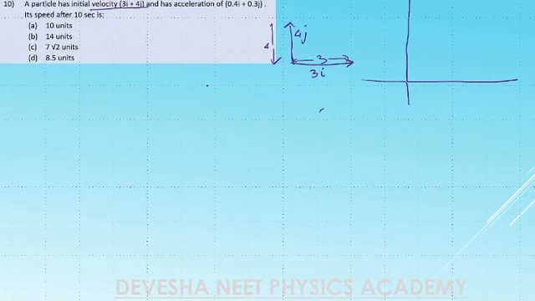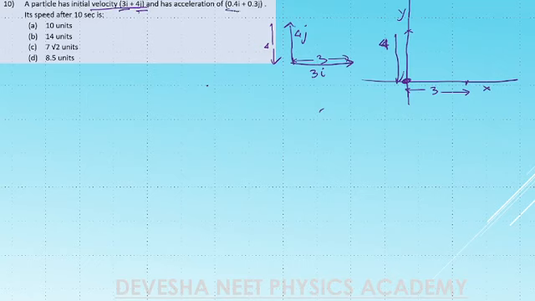So this is 3 in the x direction and this is 4 in the y direction.